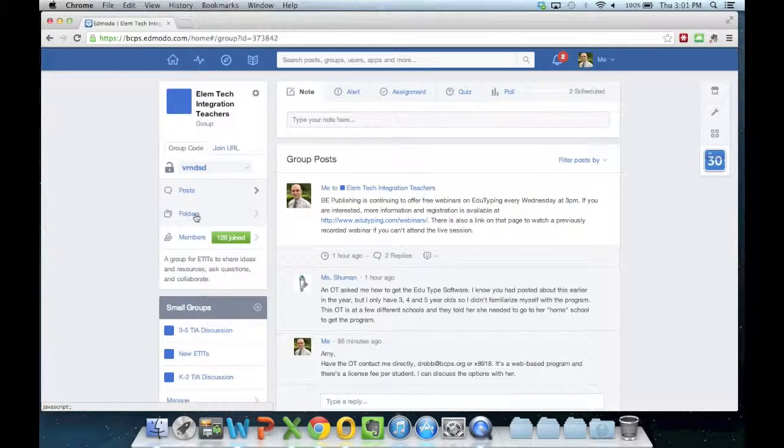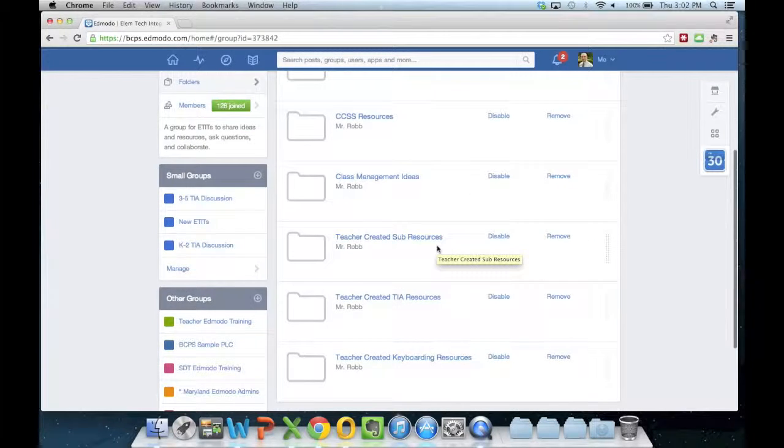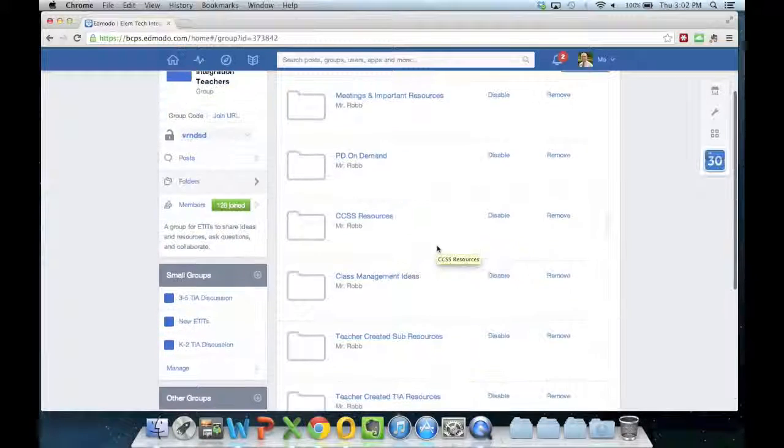First I want to talk about the folders. You can see on the left-hand side, and this looks a little bit different since they changed their interface in the summer, so now the folder button is on the side. What we have here are folders with resources that are available to you. Some of these were curated last year at some of the ETIT meetings and also through my visits to different schools.